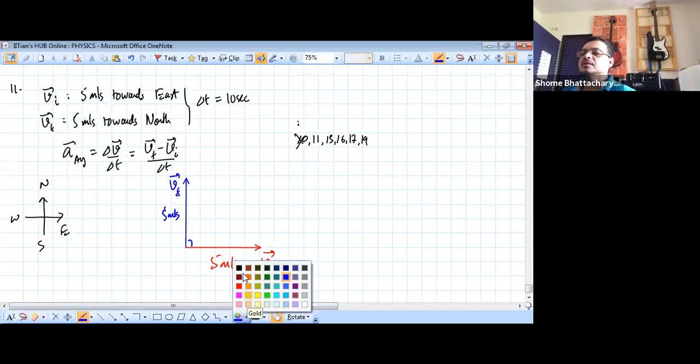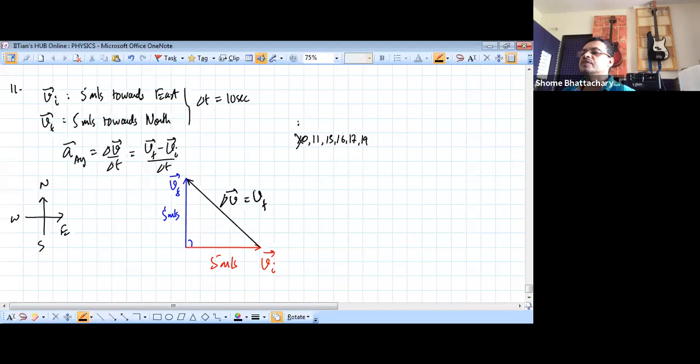So delta V by triangle law, parallelogram law, whichever one you use, will become this one. V final minus V initial, like that. This direction. Okay. So this is my delta V or final minus initial. See, remember we use this. If this is the vector A and this is some vector B, both drawn from a common origin, then this is the vector parallelogram.